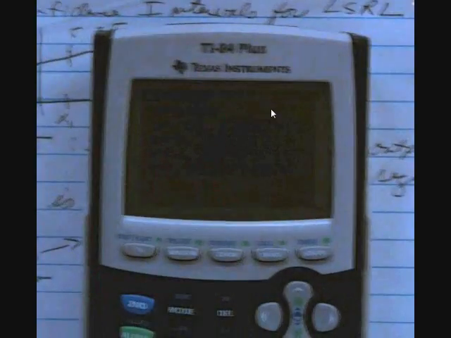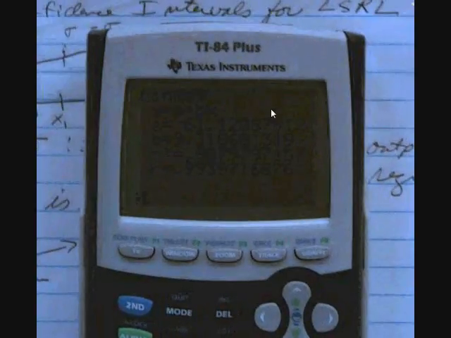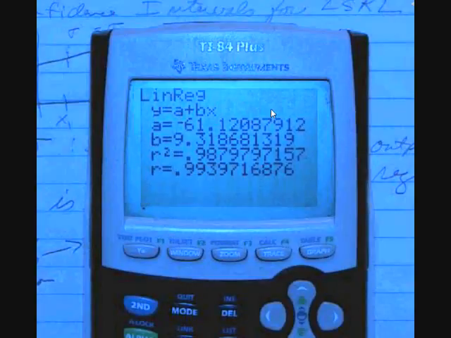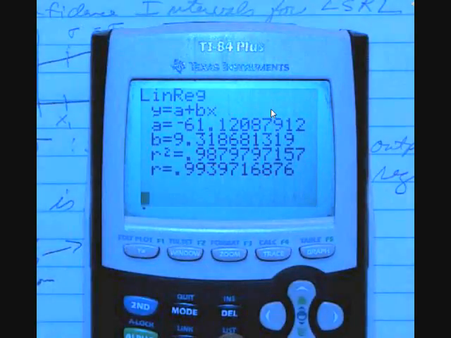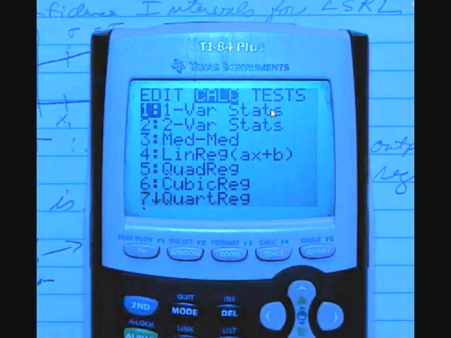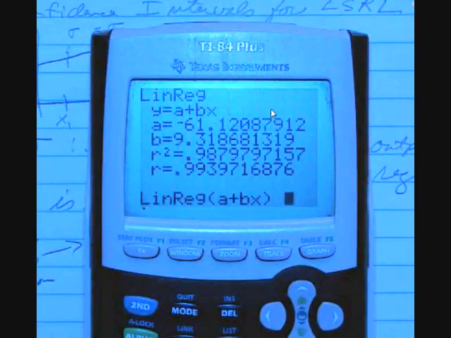Okay. So let's run a linear regression. I go stat, calc, number 8. It was in list 1 and list 2. Boom. There's my linear regression.